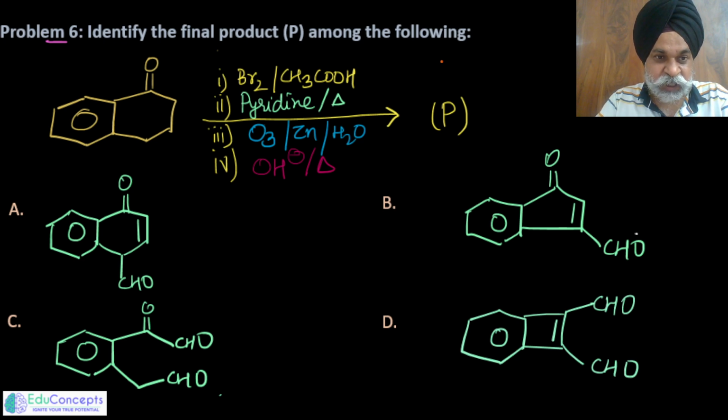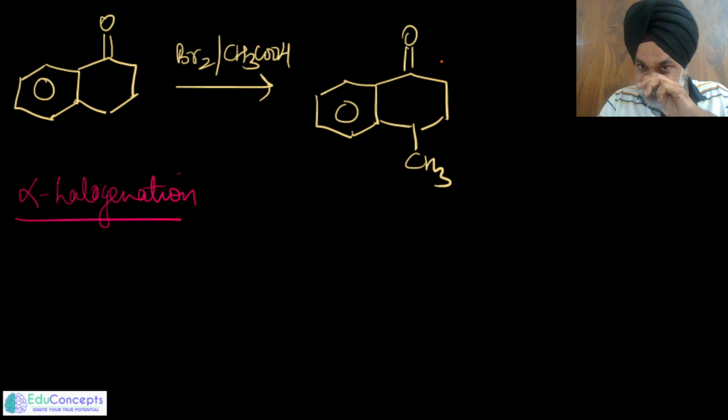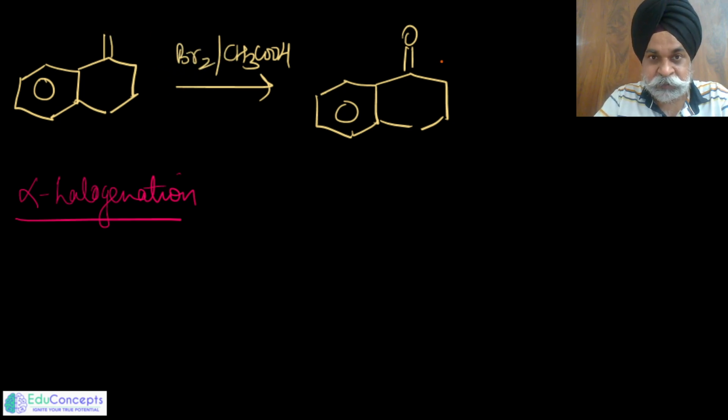What do you think is the first line of action in this particular question? What I'm thinking is that the first case we can think about in this reaction is alpha halogenation. In acidic medium, there are high chances of alpha halogenation. What basically happens is there is a lone pair here, and this lone pair gets attacked by the H positive.